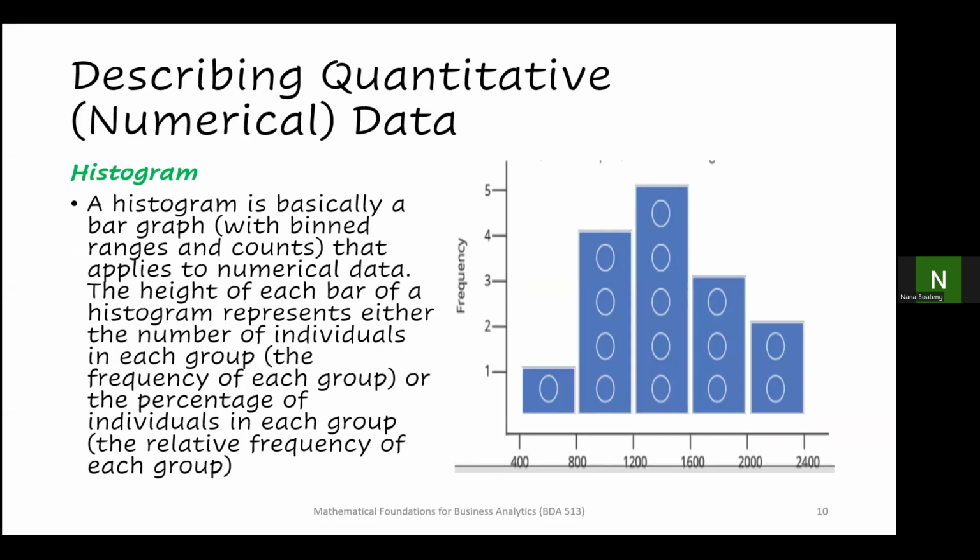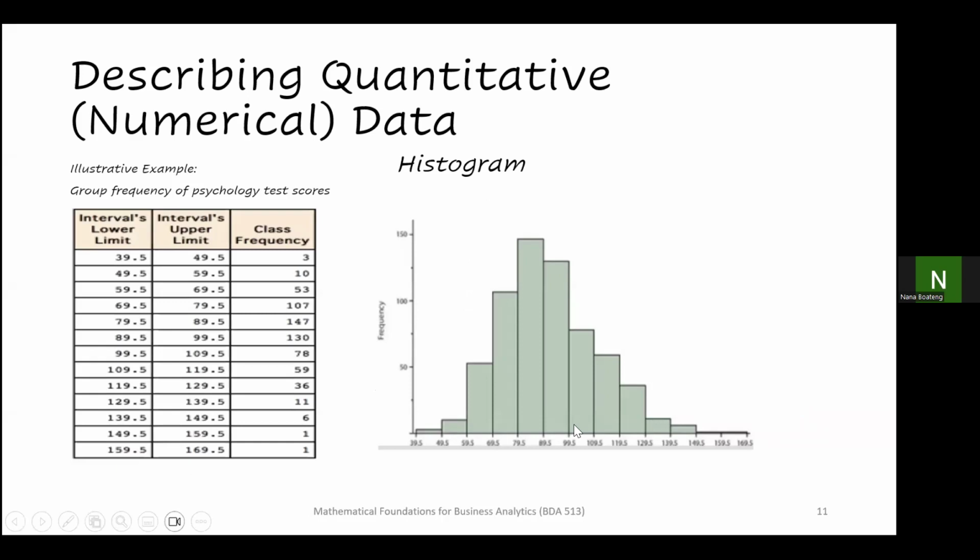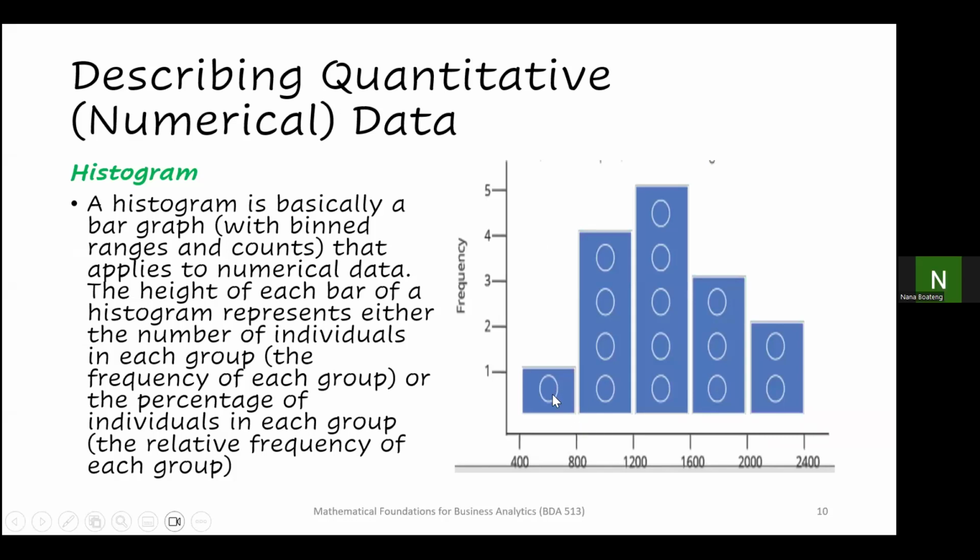That's a good question. Basically, with a histogram, the bars are clustered together like this. The first one was just to show you that the histogram has the number of observations in each group.